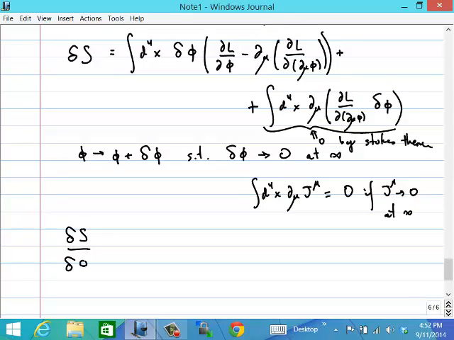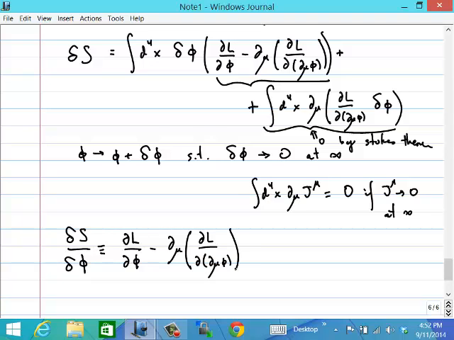So delta S over delta phi, the variational derivative of S, is simply defined to be the quantity inside the parentheses here. So that's dL by d phi minus the divergence, I guess you would call it in vector calculus. So it's d mu of the derivative of L with respect to d mu phi. So this should be equal to 0 in order for S to be extremized.